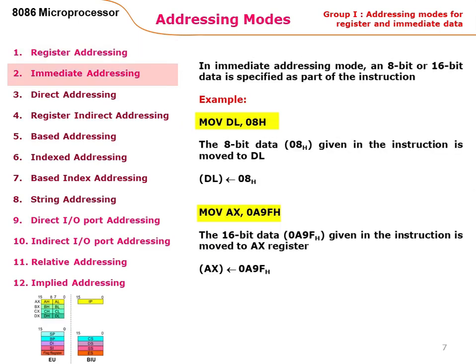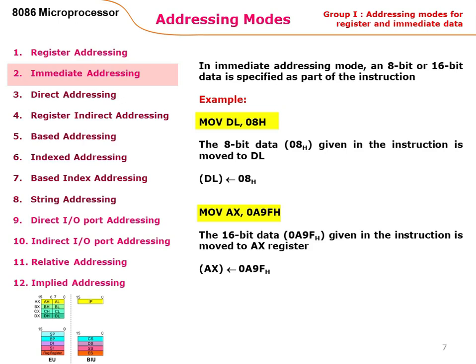The second addressing mode is the immediate addressing mode. In immediate addressing mode, 8-bit or 16-bit data is specified as a part of the instruction. See this example, MOV DL, 08H. Here the 8-bit data 08H given in the instruction is directly moved to the DL register.